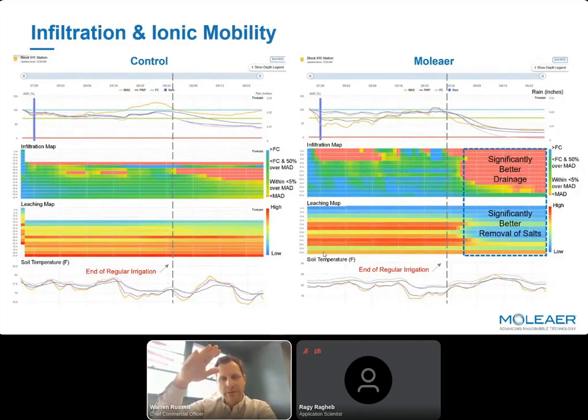And you see those start to significantly drop out. And again, just to be super clear, what we're trying to do is move those down through the soil column and out of the denser root zone.